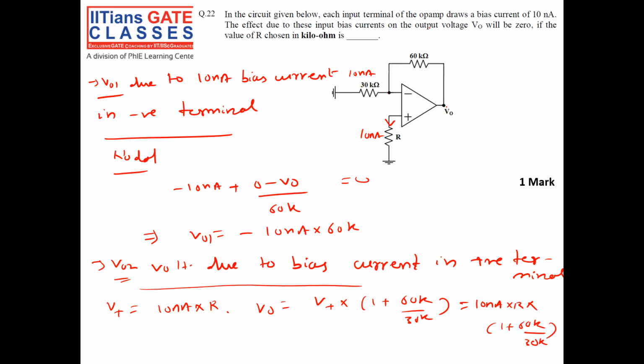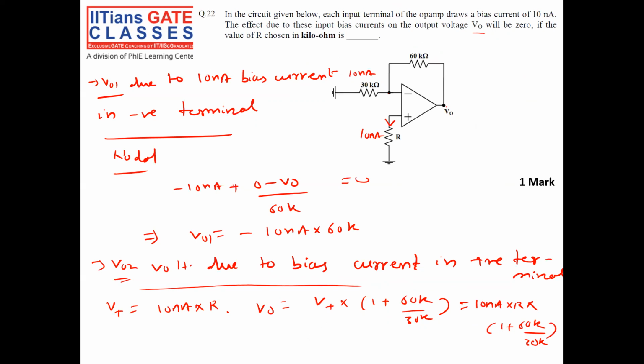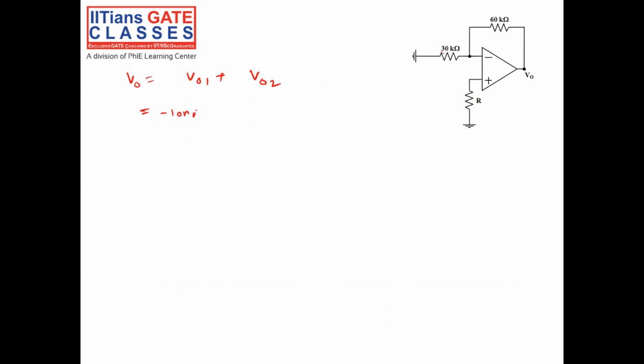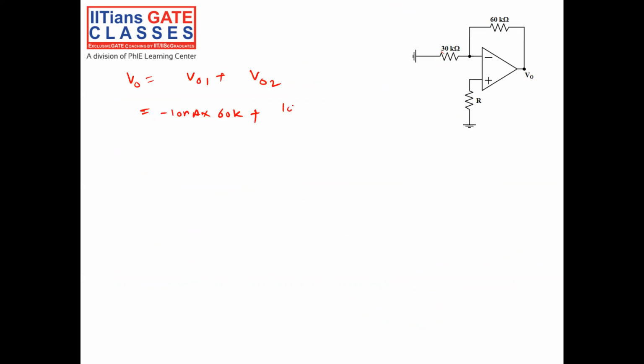Now, in order to make the output voltage 0, what is V output? V output is equal to V0, which is V output due to the input bias current at the negative terminal plus V output due to the input bias current at the positive terminal. So that is equal to minus 10 nanoampere into 60K plus 10 nanoampere into R into 1 plus 60K by 30K equal to 0, right?